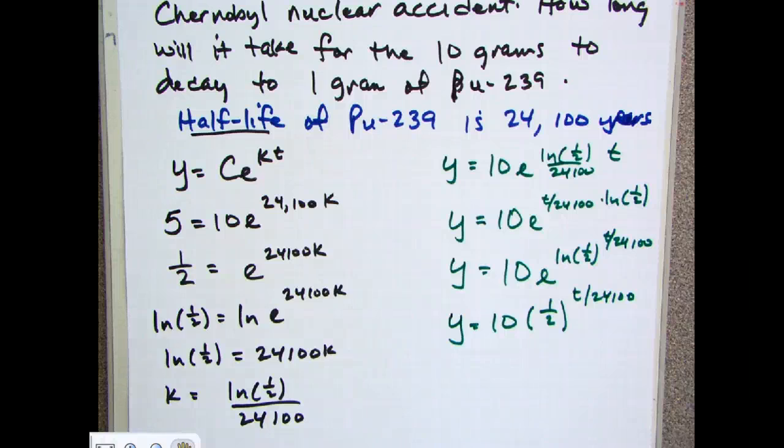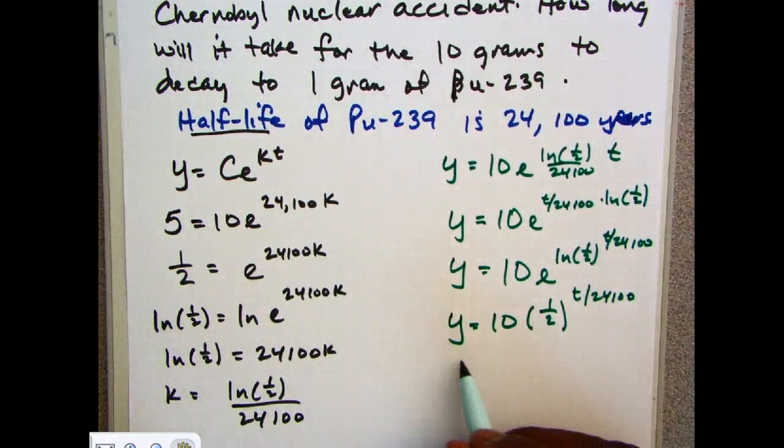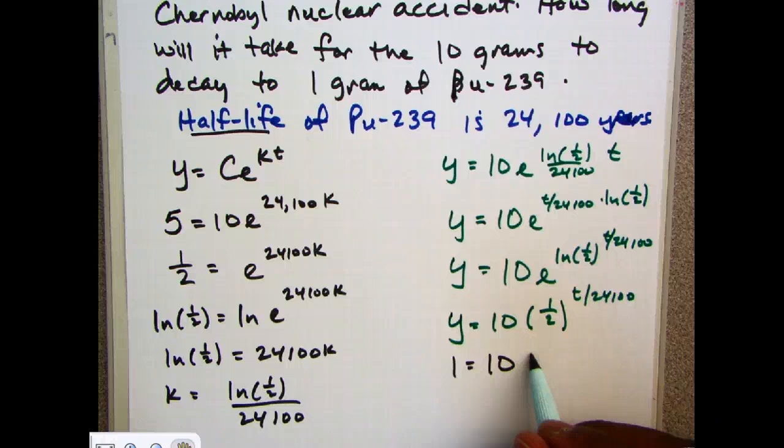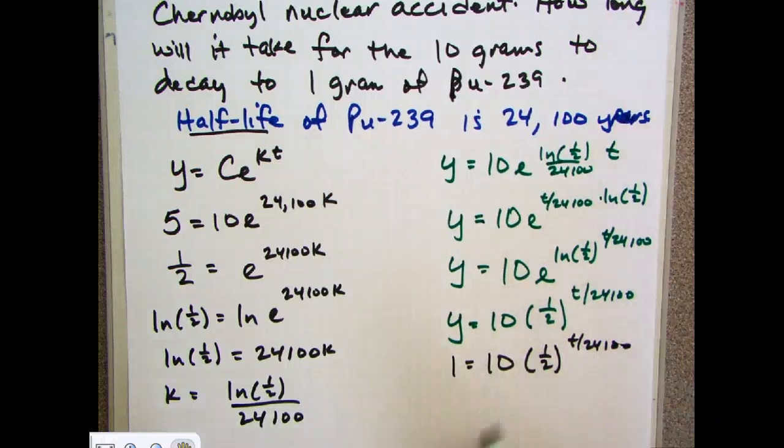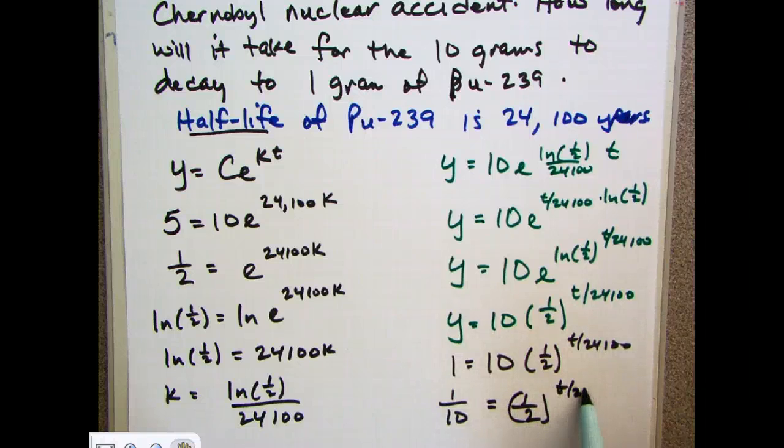Okay. Well, I want to know what my time is when y is equal to 1. So we get 1 is equal to 10 times 1/2 to the t over 24,100. 1 over 10 is equal to 1/2 to the t over 24,100.